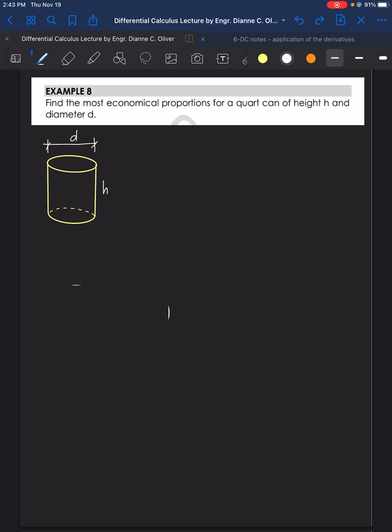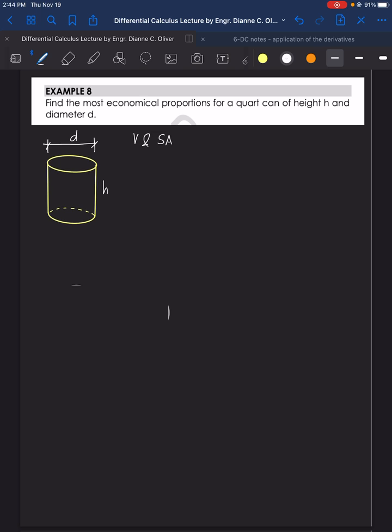So what variable is that? If d and h change, how does it affect the quart can? What is being affected in the quart can? What is being affected if we change the values of d and h is the volume. Yes, it's the volume and the surface area.